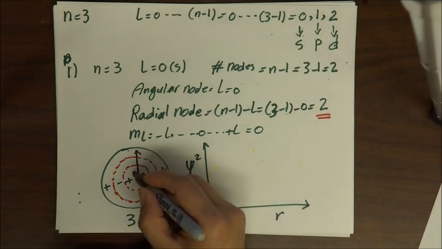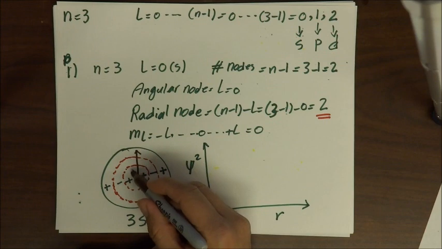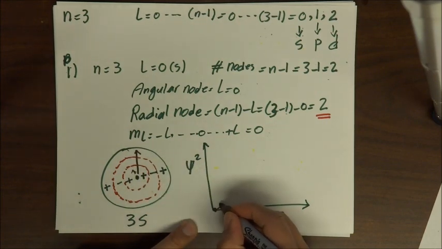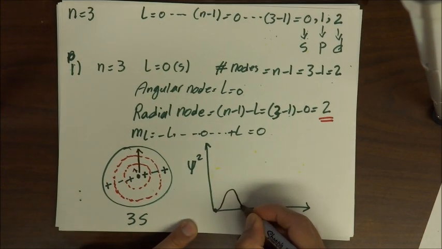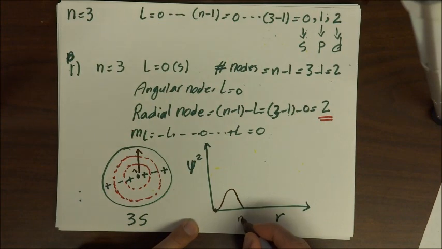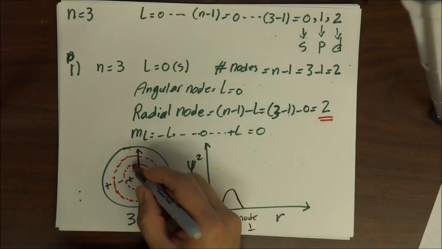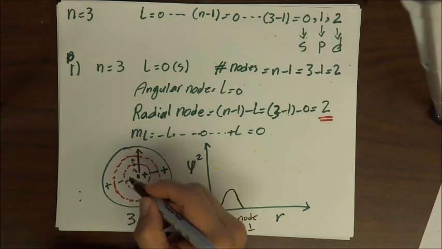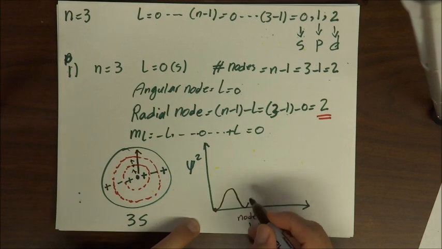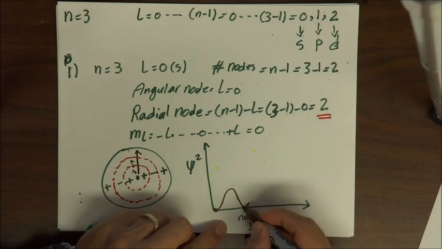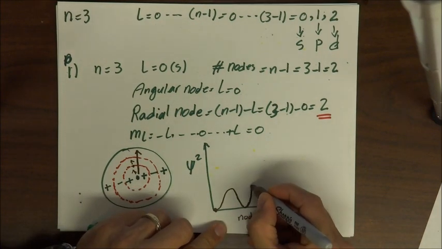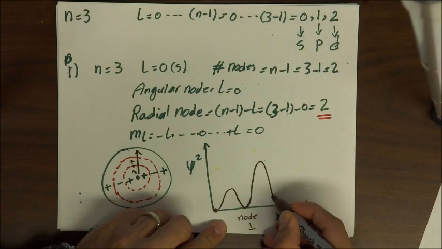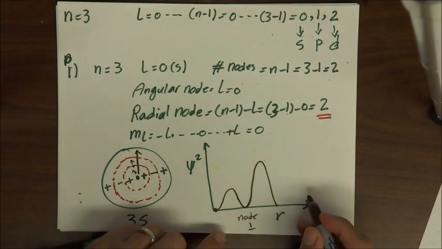But when you go inside this area, the smallest one, you will have a chance to find an electron until you reach the first node. So this one is the first node. And now we are there. If I pass the node, I get a chance to find an electron. The area is bigger, the chance is bigger, so you show it with a bigger peak.